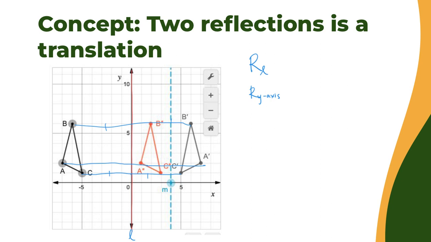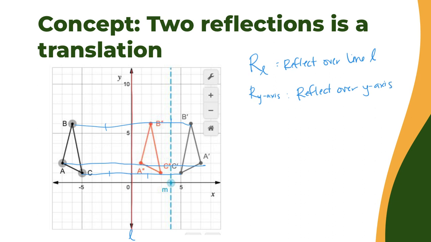The capital R with a little letter next to it means reflect over line L, and this one means reflect over the y-axis. So you get the point.